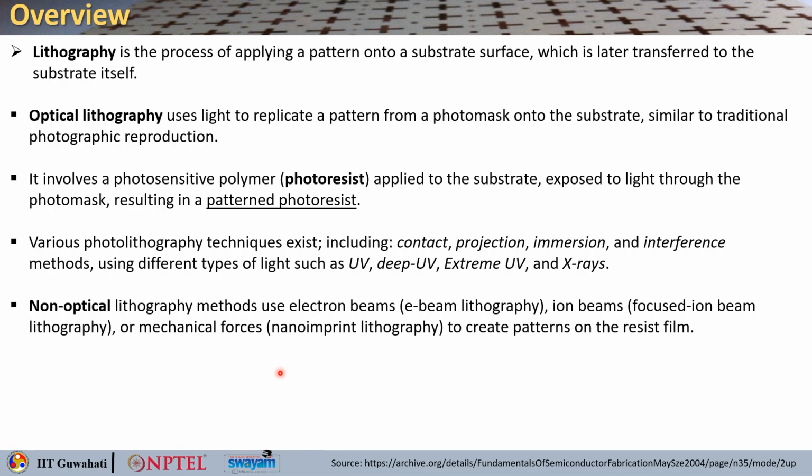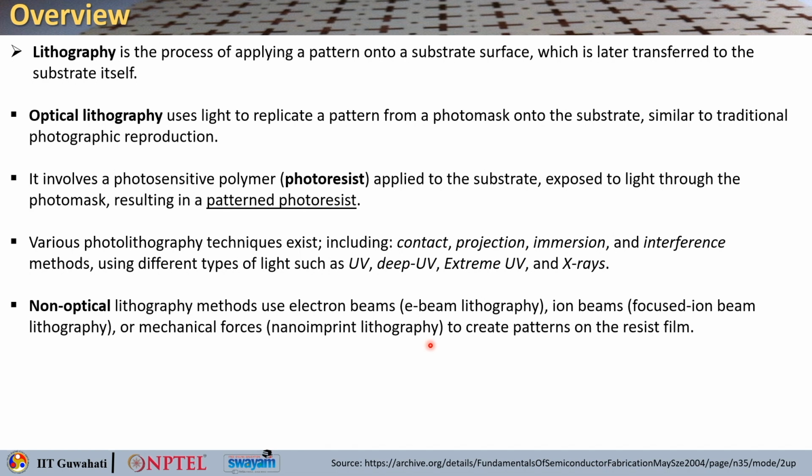When we talk about non-optical lithography methods, they use electron beams, called electron beam lithography or EBL, or ion beams, such as focused ion beam lithography, FIB, and then mechanical forces, such as nanoimprint lithography.